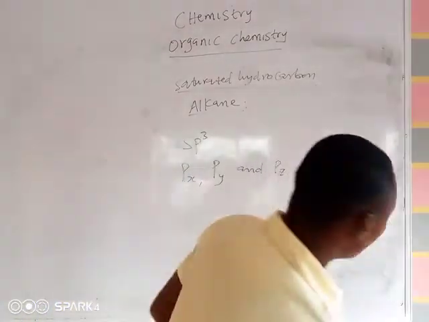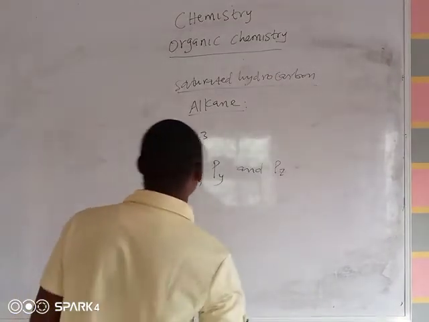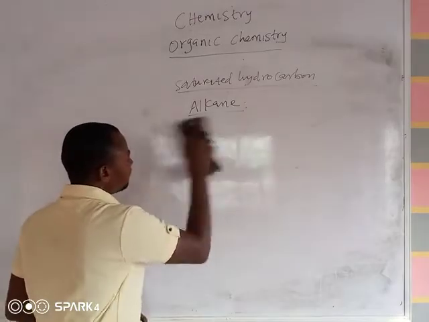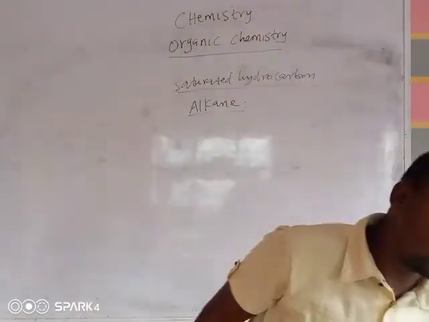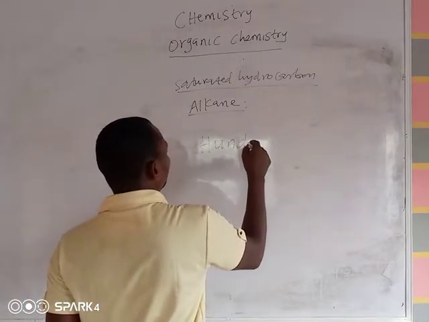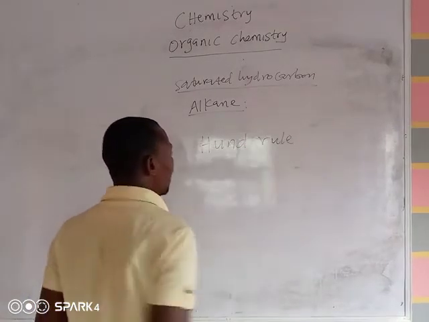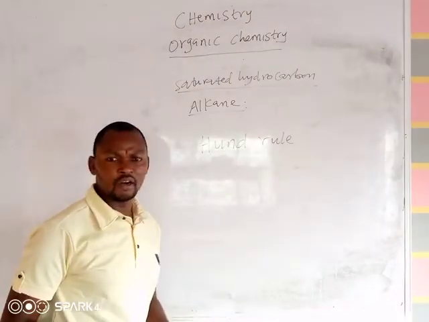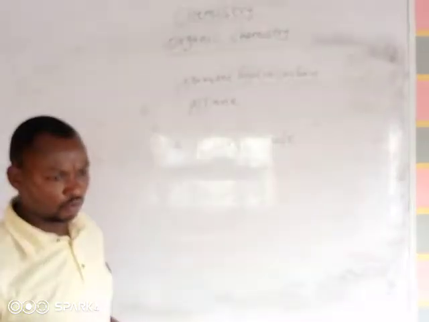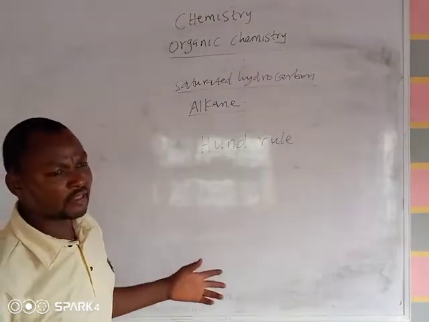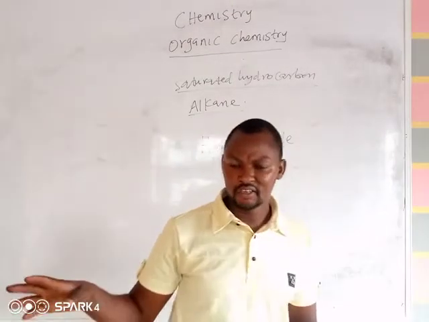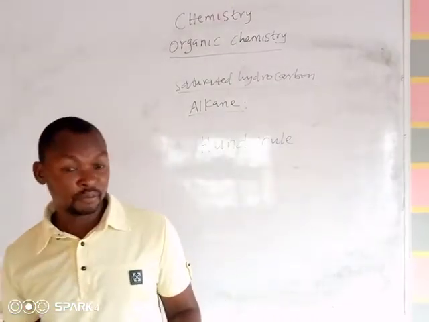Alright? So now, by hybridization, according to Hund's rule, it is assumed that the orbitals must be filled singly before pairing takes place.